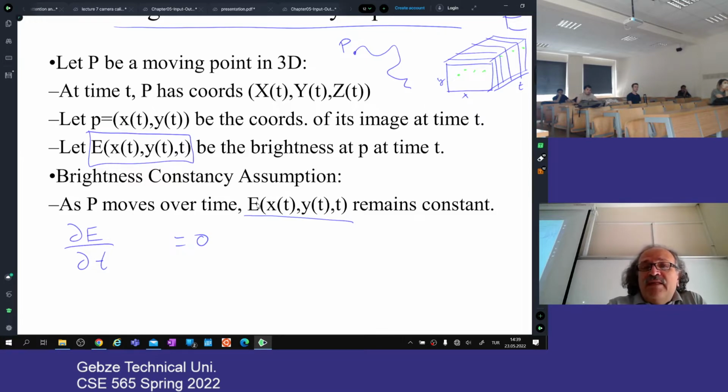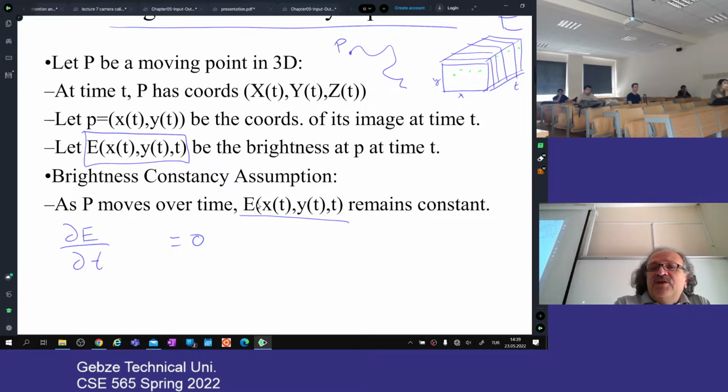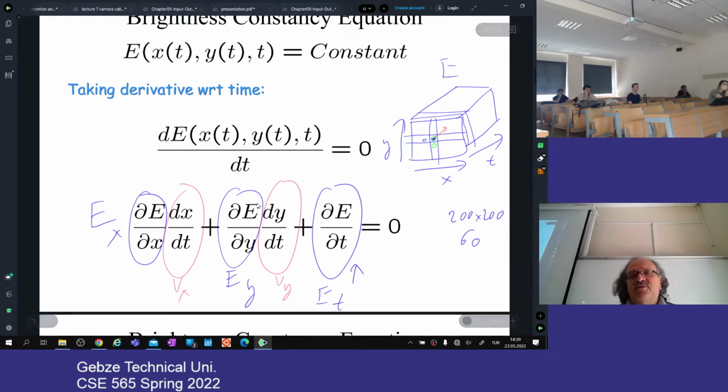So we are going to take the derivative of this function, and we are going to say that the derivative should be equal to 0. But this function has other functions that depend on t. There is x(t) and y(t) and t itself. So we have to use our common knowledge about calculus. This is how you take the derivative of this function.